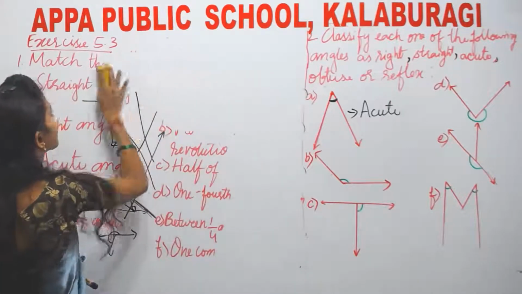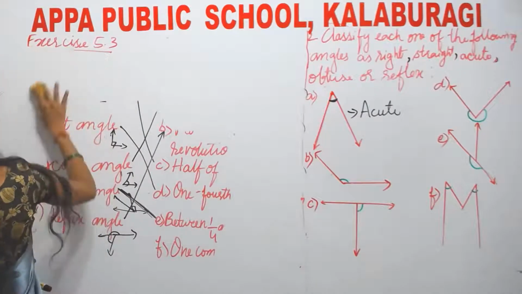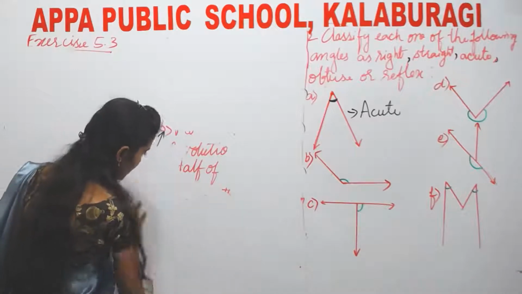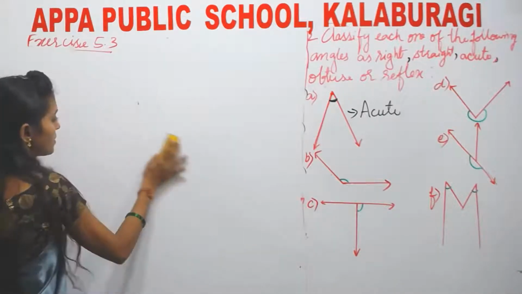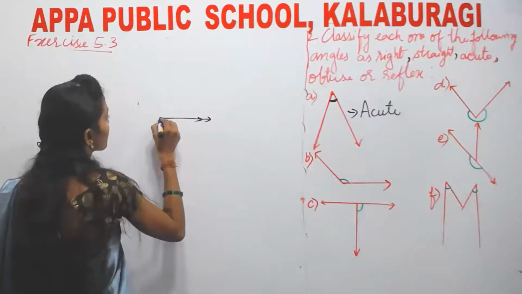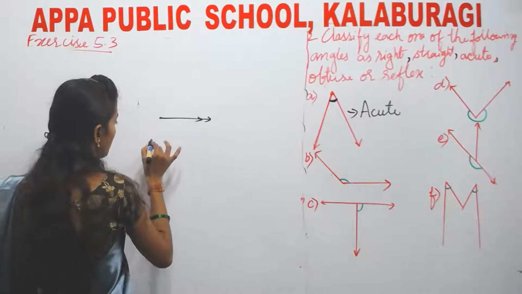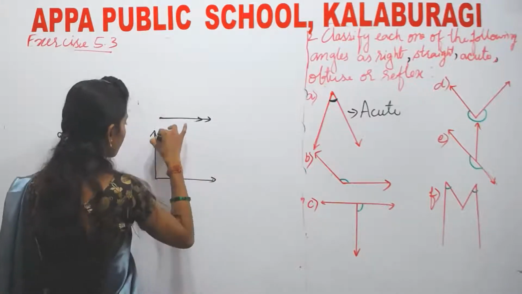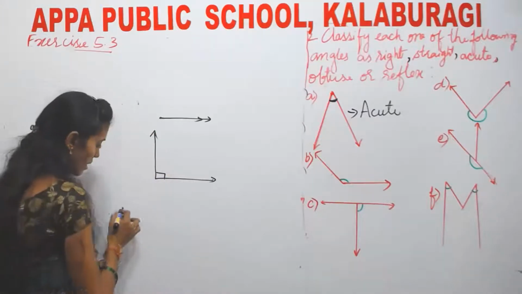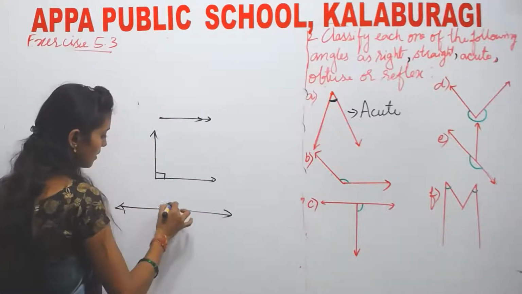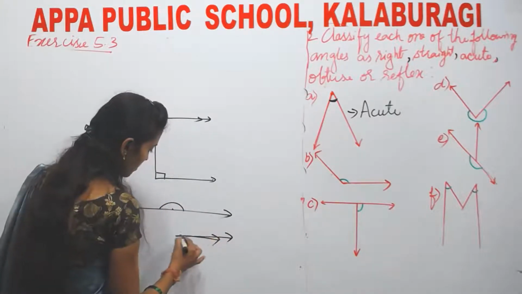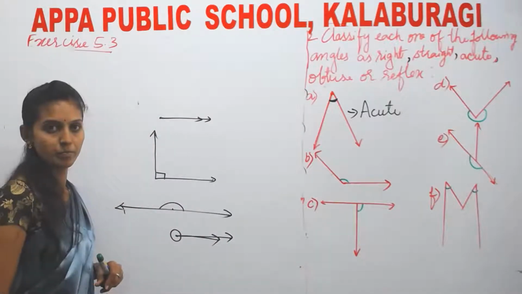4 standard angles, that is 0 degree, 90 degree, 180 degree, and 360 degree. This is 0 degree, no revolution. 90 degree, started vertical, horizontal. Straight angle, 180 degree. Complete angle means one complete revolution completed.